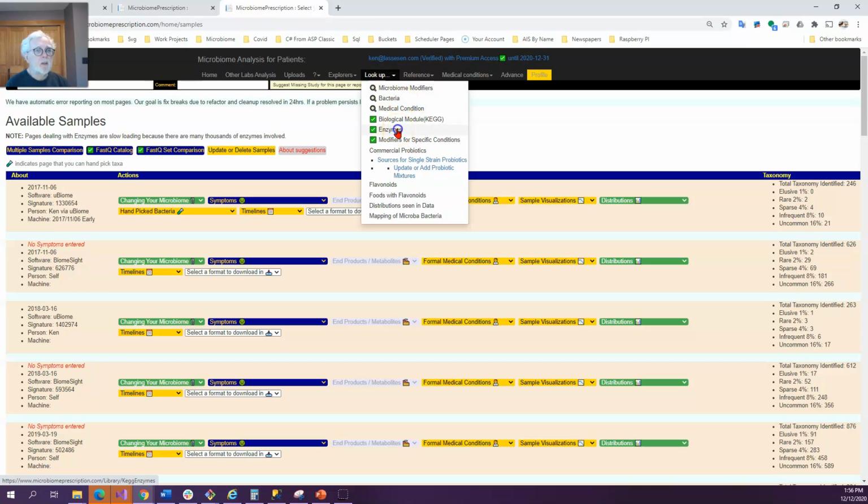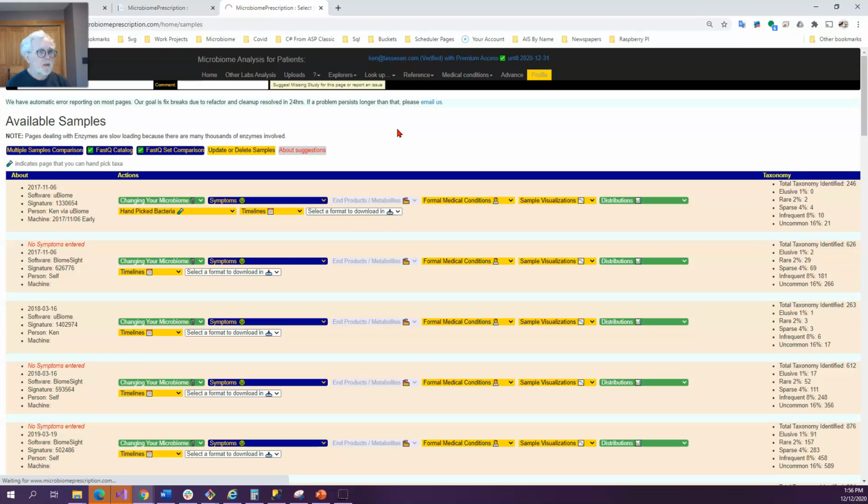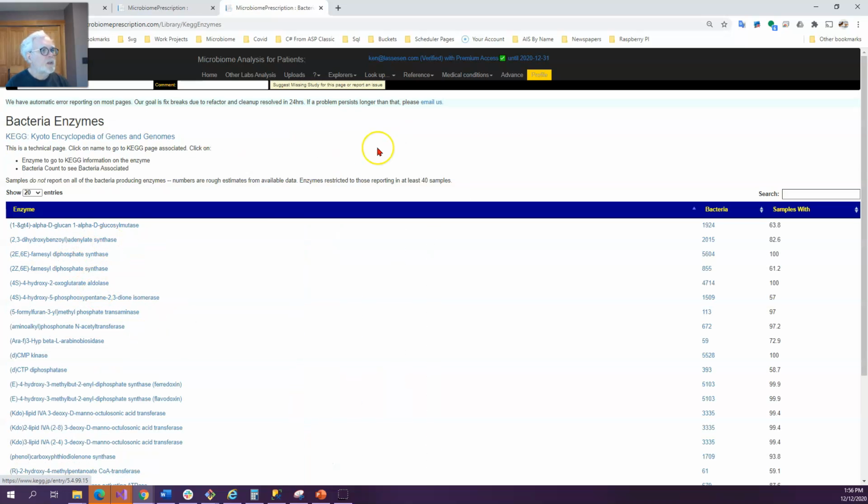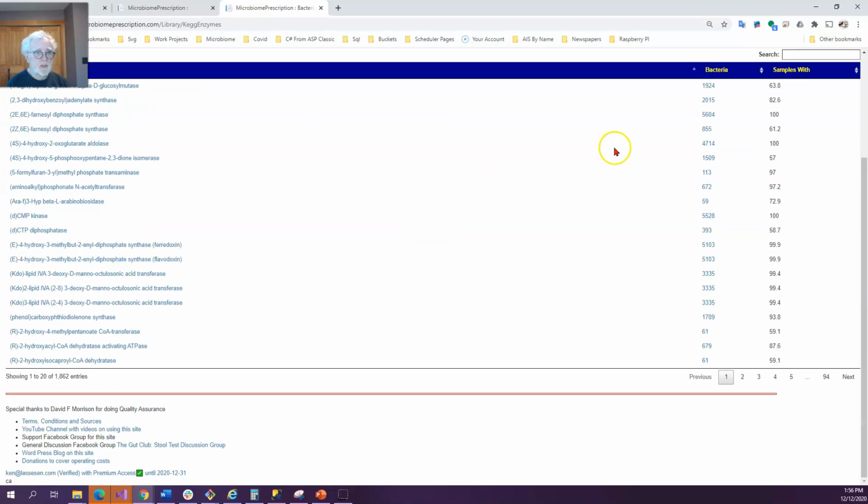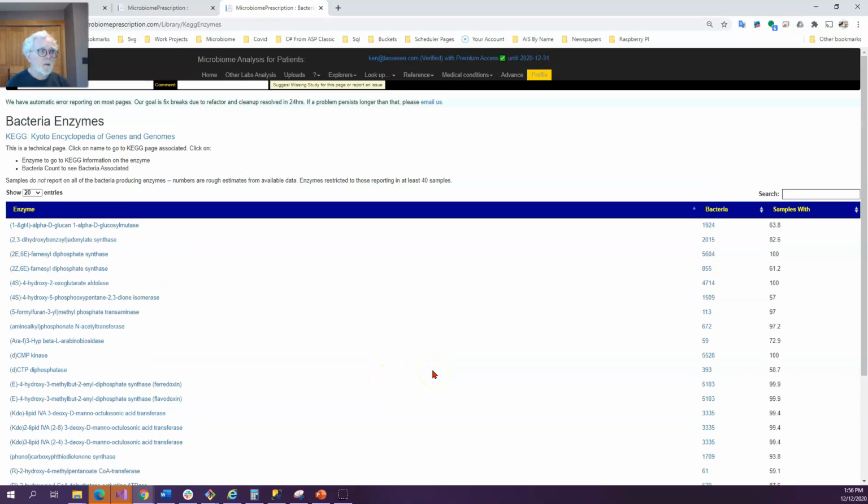Here we have enzymes. So if we click there for enzymes, you wait a few seconds, and we see all of the enzymes listed. 1,862 enzymes are available from the 5,700 officially, and these are going to be largely human-oriented enzymes.